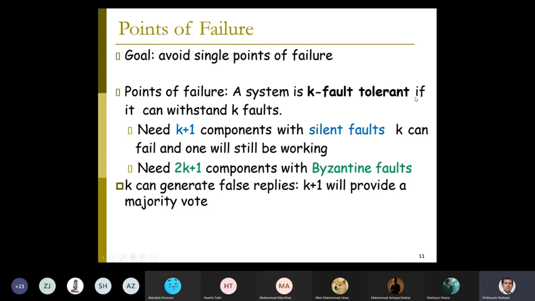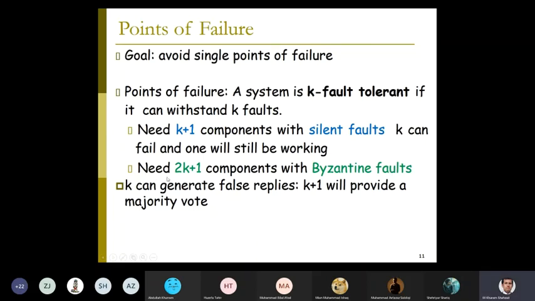These are the two types of faults we have studied already, silent faults and Byzantine faults. In case of silent faults, if we want the luxury of k system failures, then we need an extra system. We need k plus 1 components with silent faults. K can fail and the 1 will still be working, if k systems have failed.